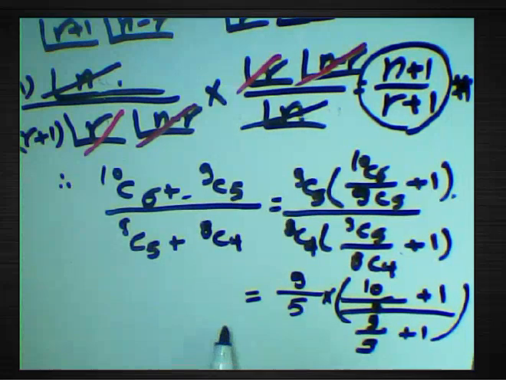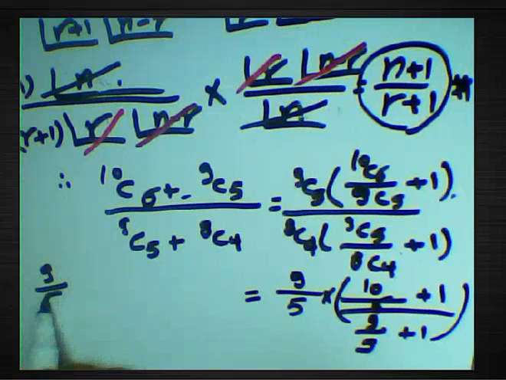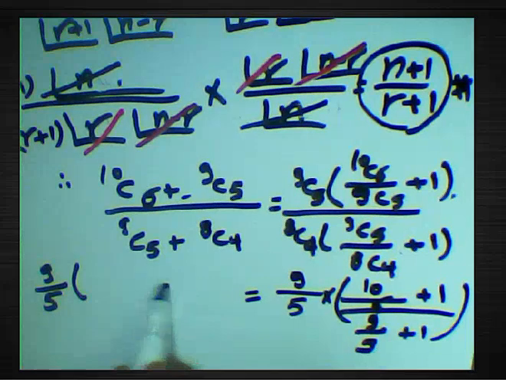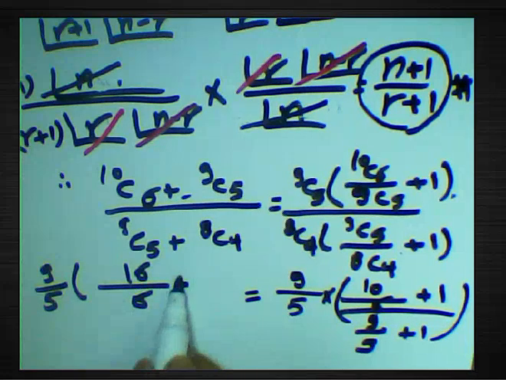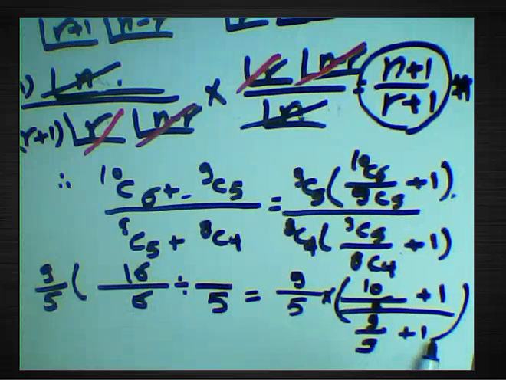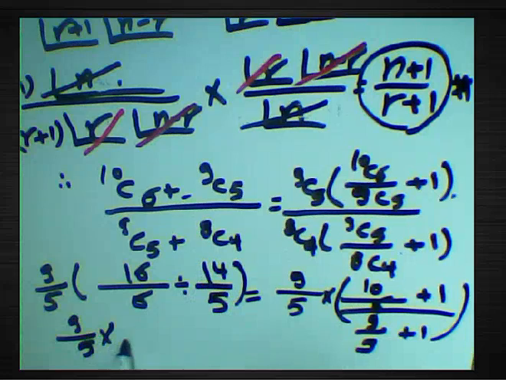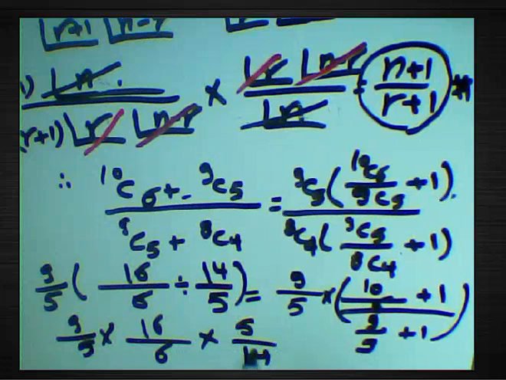And then you can complete it. Here write the least common multiple between the two denominators. Write 9 over 5 multiplied by 6 here, 6 plus 10 equals 16, and in the denominator write 5, 5 plus 9 equals 14. So 9 over 5 multiplied by 16 over 6 multiplied by 5 over 14.